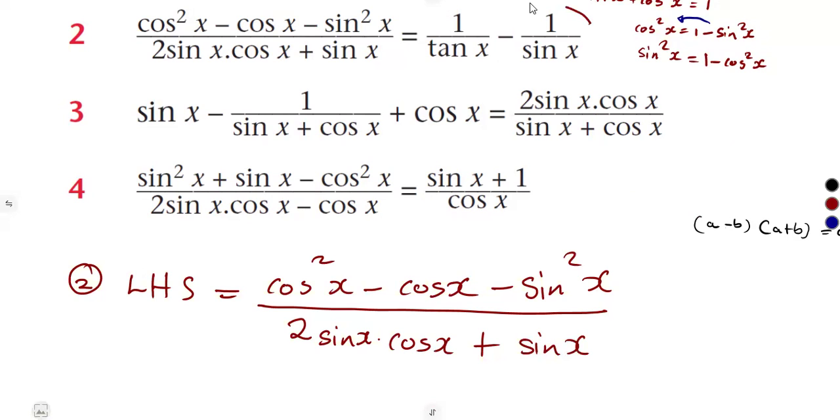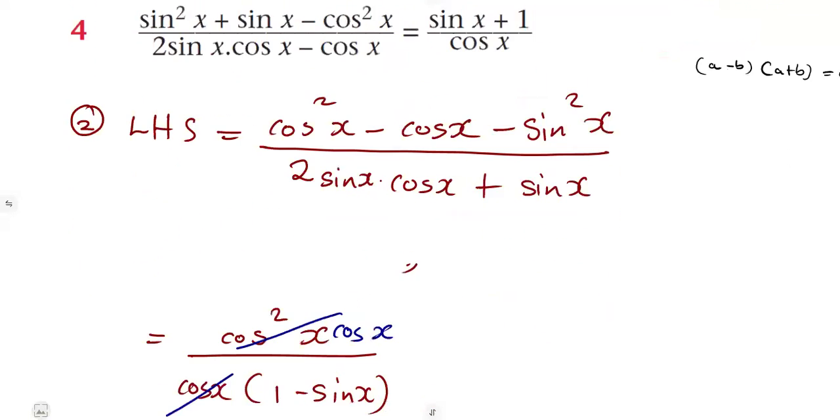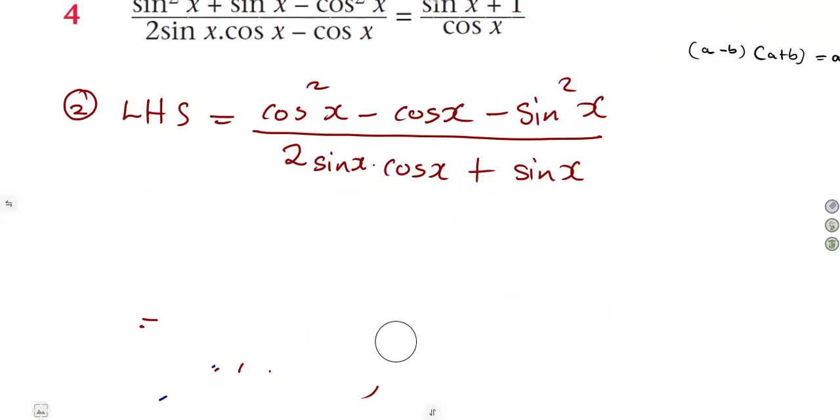It is supposed to give us 1 over tan x minus 1 over sine x. All right, no problem. Let's figure it out. Take note, there we do not have a 1 on the cos squared; it's a minus, not a plus. Where we have a 1, it's supposed to be a plus. So let's figure out what we can do in this question.